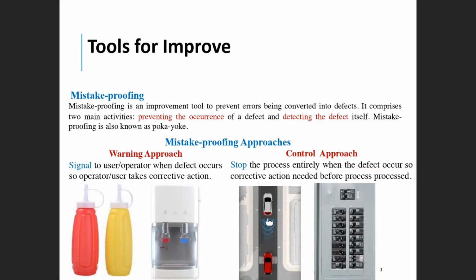The application may vary from one automaker to another. Some reduce the speed, some just give you a warning, but some other companies go to the control level where they stop the car completely to reduce the chances of the defect.